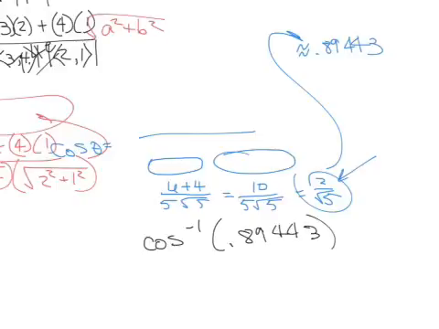So we're taking the arc cosine to find the angle. You're going to find that that's 26.57-ish degrees. And that is using the geometric interpretation of the dot product in order to find the angle between those two vectors, u and v.